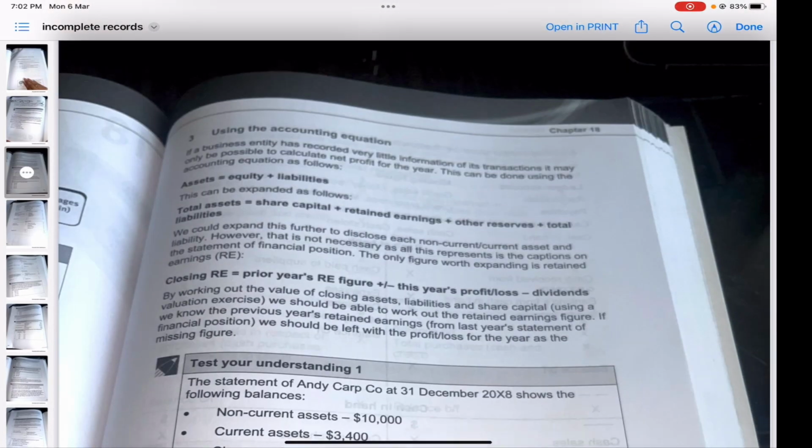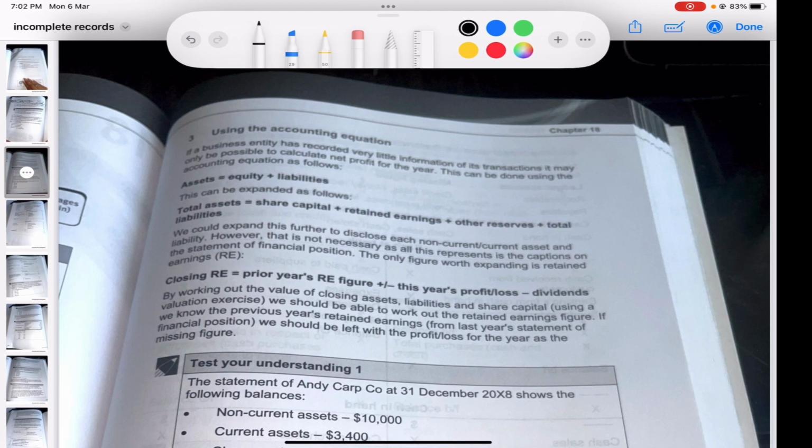Okay. If a business entity has recorded very little information of its transactions, it may only be possible to calculate net profit for the year. This can be done using the accounting equation. So they have just basically expanded the equation the way I have explained.